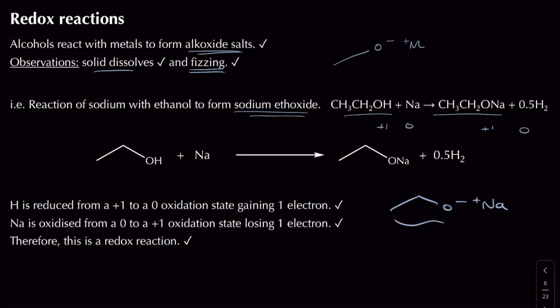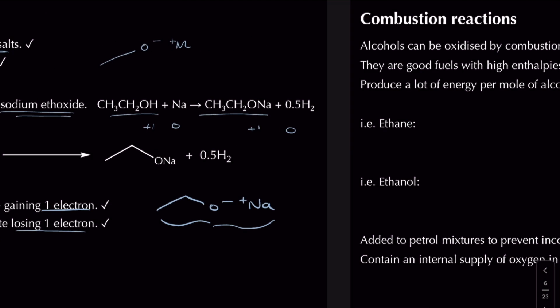The bonding here is going to be ionic because you've got strong electrostatic attraction between oppositely charged ions. We know it's a redox reaction because the hydrogen is reduced from +1 to 0 oxidation state, or in terms of gaining electrons, it's gained 1 electron. Sodium is oxidized from 0 to +1 oxidation state, and in terms of electrons, it does this by losing 1 electron. So we know we've got a redox reaction here.